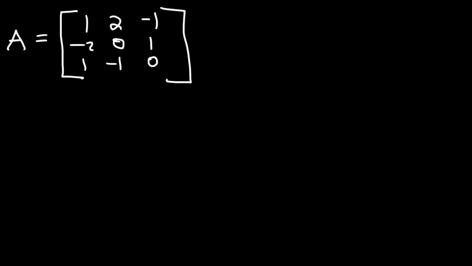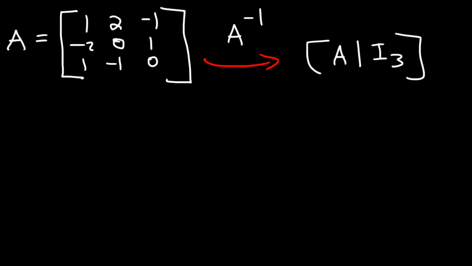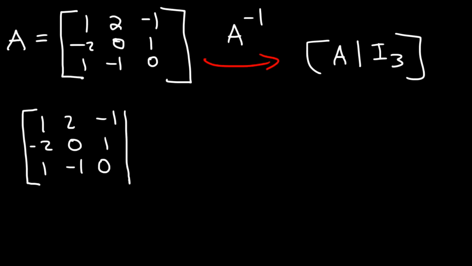So go ahead and determine the inverse of matrix A. So first, we need to rewrite this in the form of an augmented matrix with matrix A and the multiplicative identity of a 3x3 matrix. So here's matrix A. It's 1, 2, negative 1, and so forth. And the multiplicative identity matrix is going to be 1, 0, 0, 0, 1, 0, 0, 0, 1.